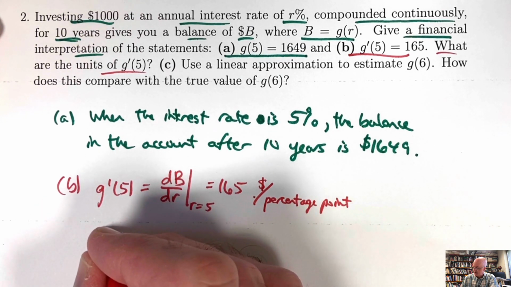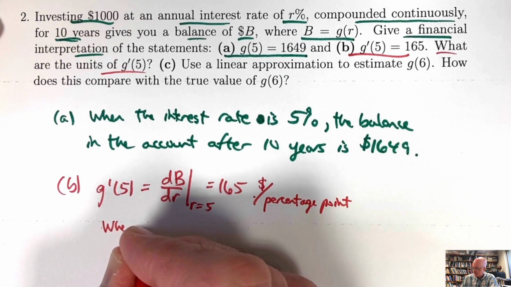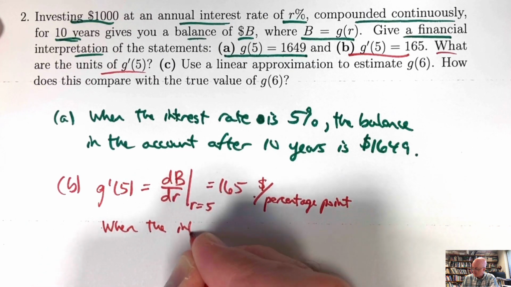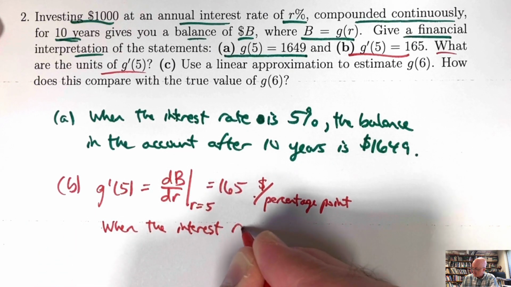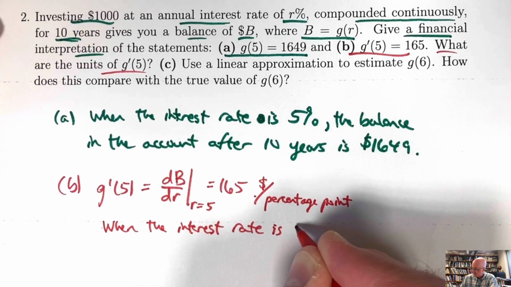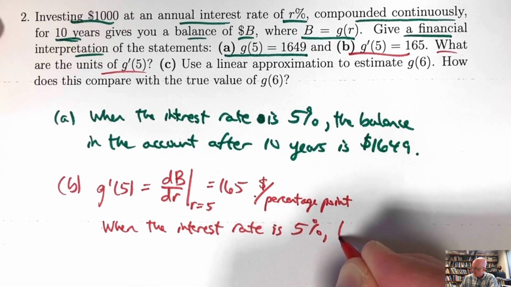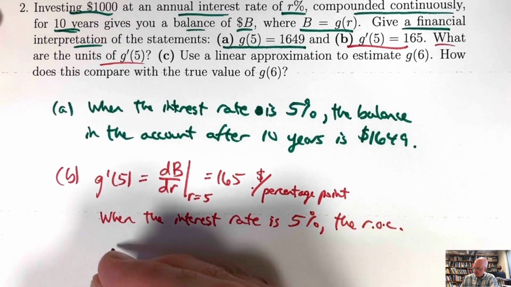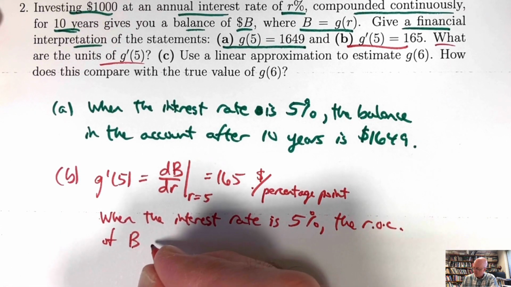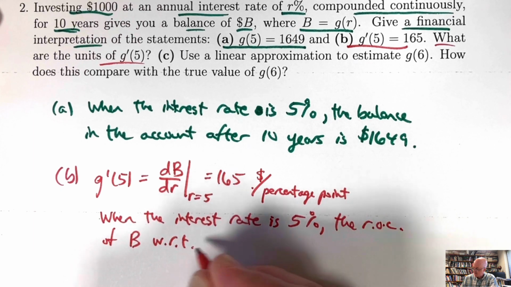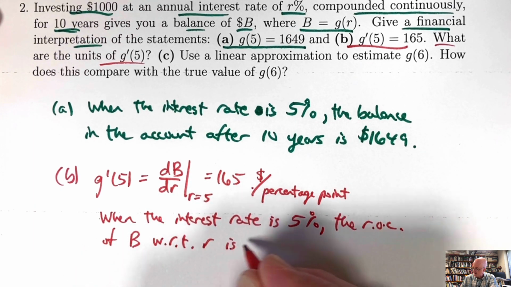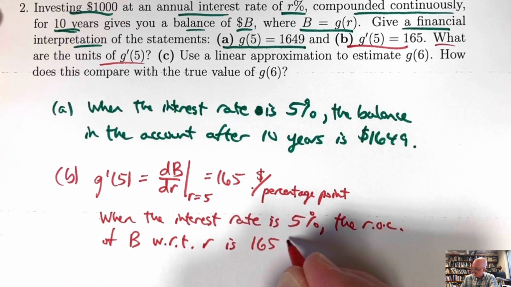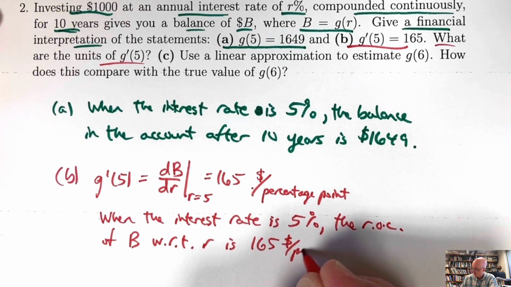This is when the interest rate is 5%. The rate of change of B with respect to R is $165 per percentage point.